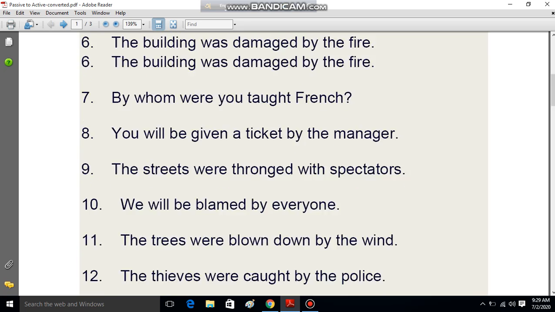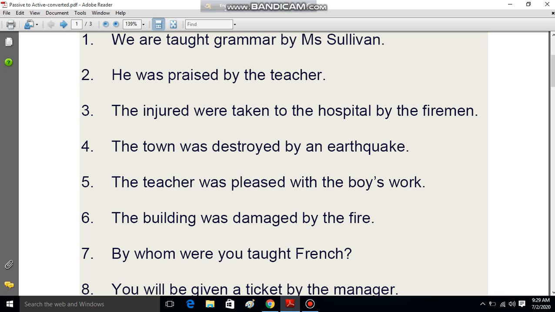Now number 3, the injured were taken to the hospital by the fireman. It's also past simple tense, it came from past simple tense.